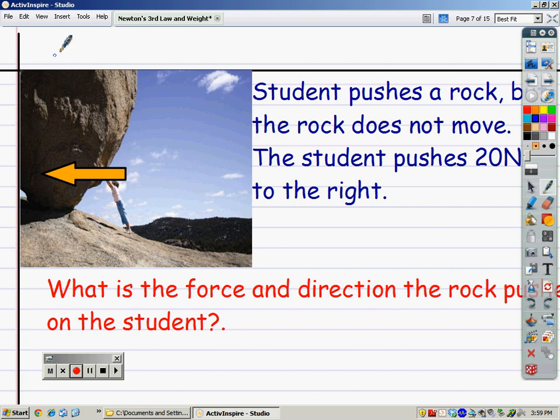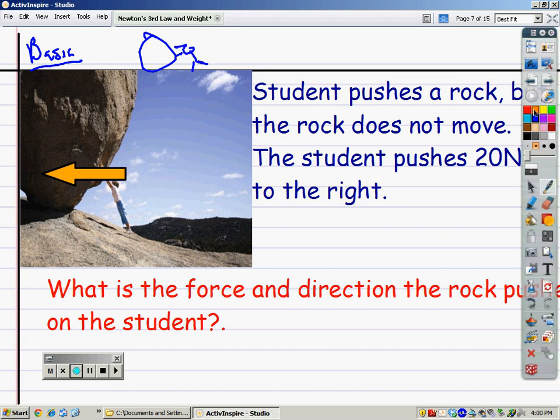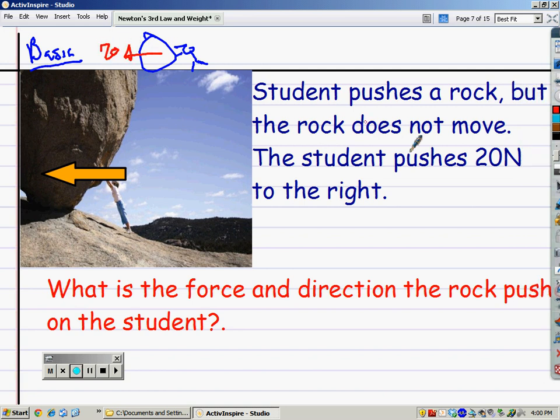Next topic. This is a basic example. Okay. Here's all I want you to write. Basic example. Draw this picture. Student pushing on a rock. We know the student's pushing with 20 newtons. Instead of writing all of this, you can just draw this picture but bigger. And then the question. Force rock on student.